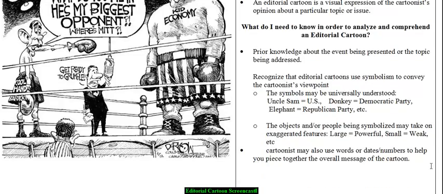Objects or people being symbolized may take on exaggerated features, such as large figures or objects symbolize power, small objects or figures symbolize weakness. And finally, the cartoonist may use words or dates or numbers to help you piece together the overall message of the cartoon.